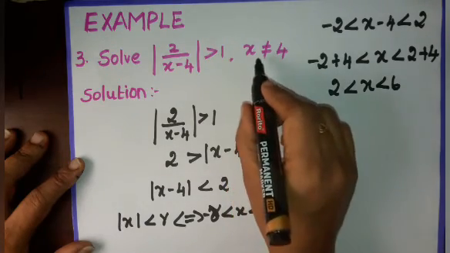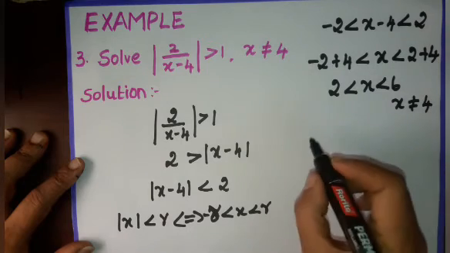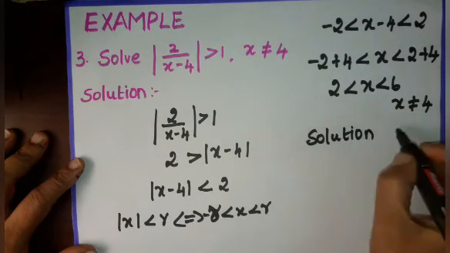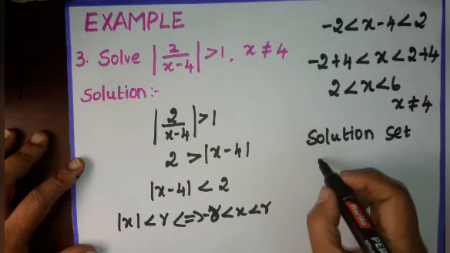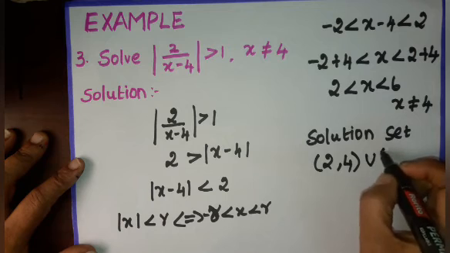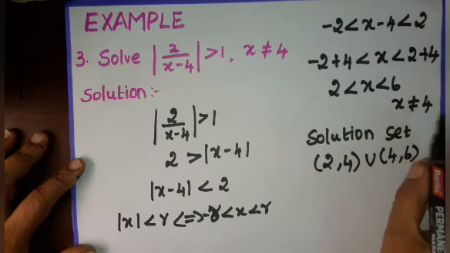But in the question they have given one condition. x is not equal to 4. Therefore, the solution set is 2, 4 union 4, 6. Why I have written like this? Because we should not consider the number as 4.